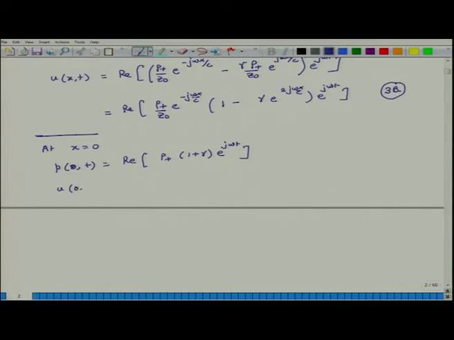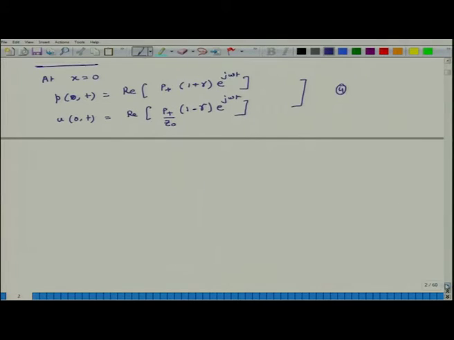and u is real of p plus 1 minus gamma e to the j omega t, and this is divided by z naught. Okay. So, we call this equation 4, and what is this term?